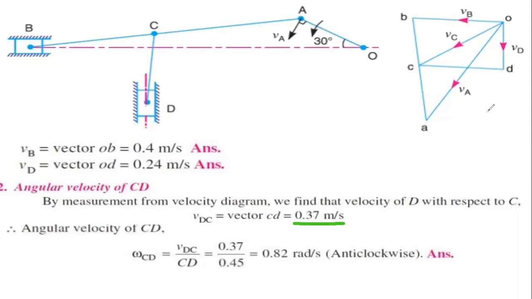Next we need to find the angular velocity of CD, that is omega CD is equal to VDC by CD.